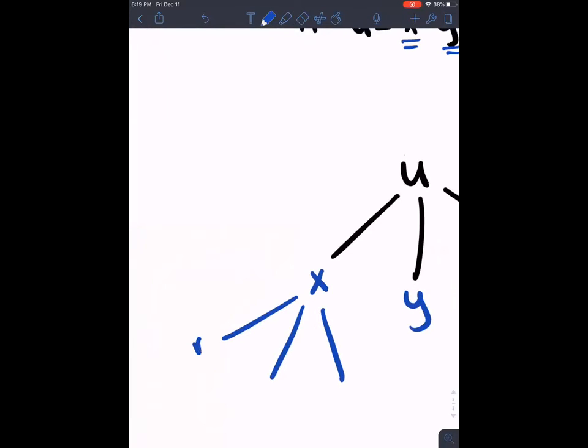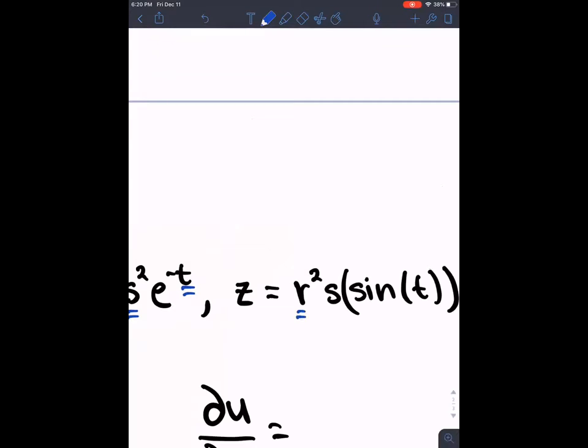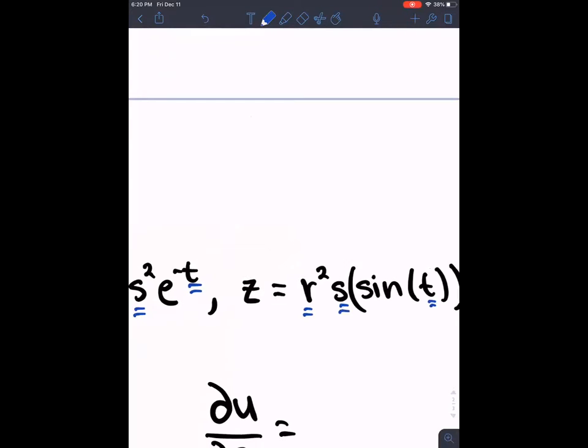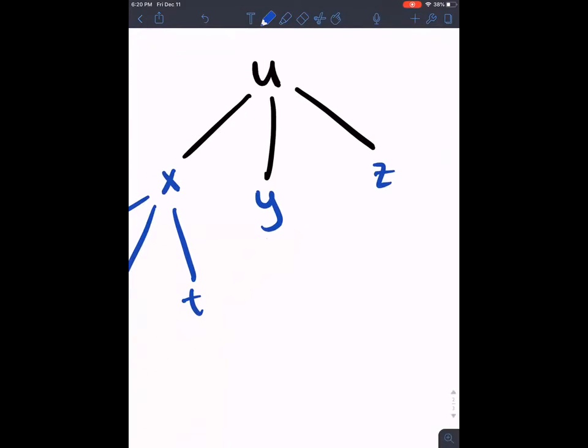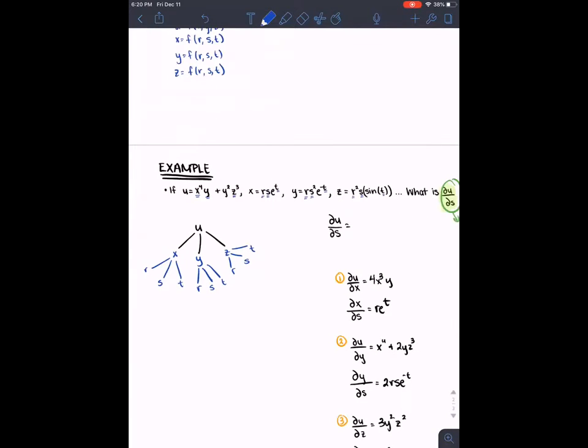So you've got r, s, and t, going over to y, r, s, and t, and going over to z is the same, r, s, and t. So we're going to put those legs here, r, s, t, r, s, t. Seems like I've run out of room, oh well.